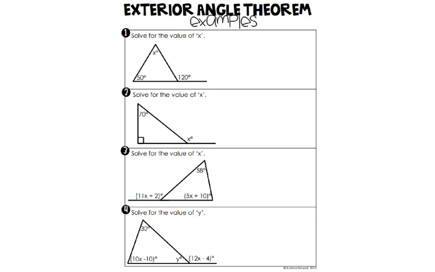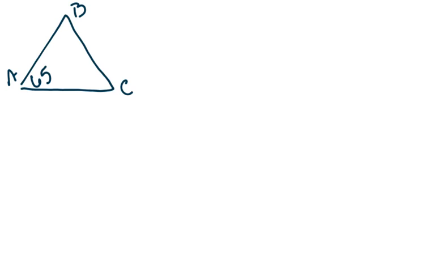All right, so I don't have the ones for the triangle sum theorem, so I'm going to draw them in. So I've got this triangle ABC. A is 65 degrees, B is 57 degrees, and I don't know what C is.